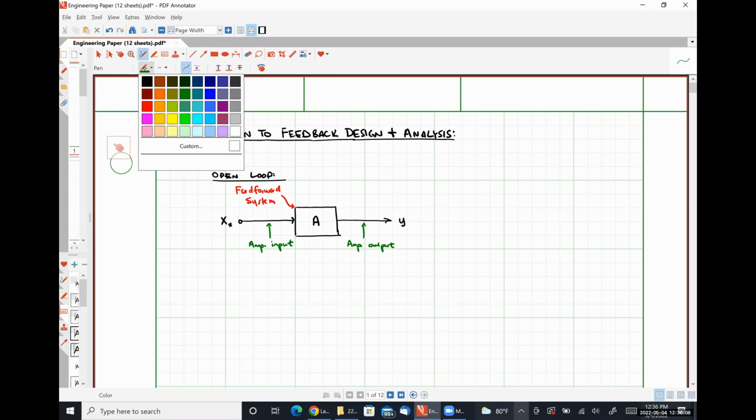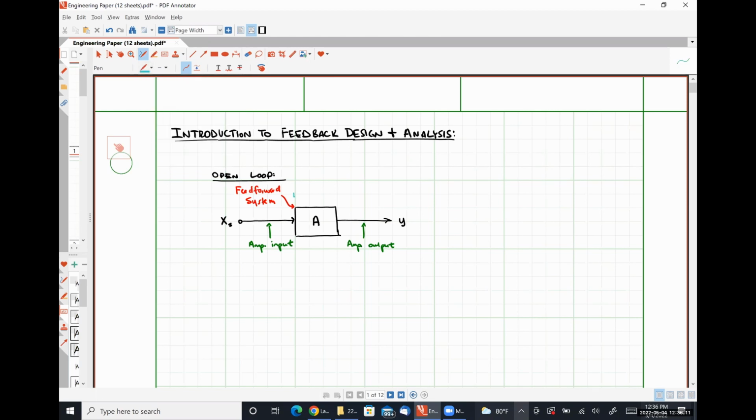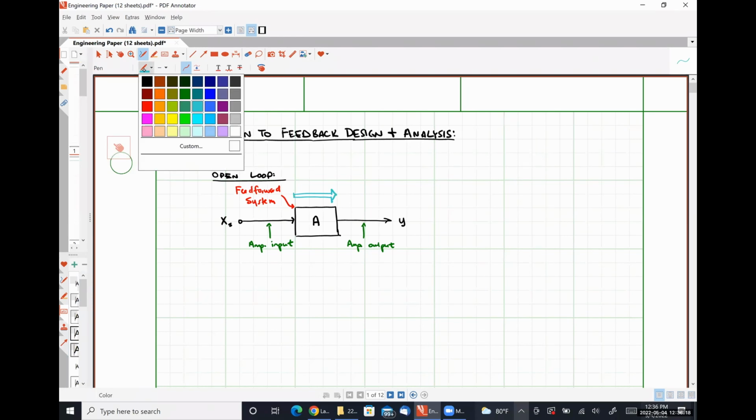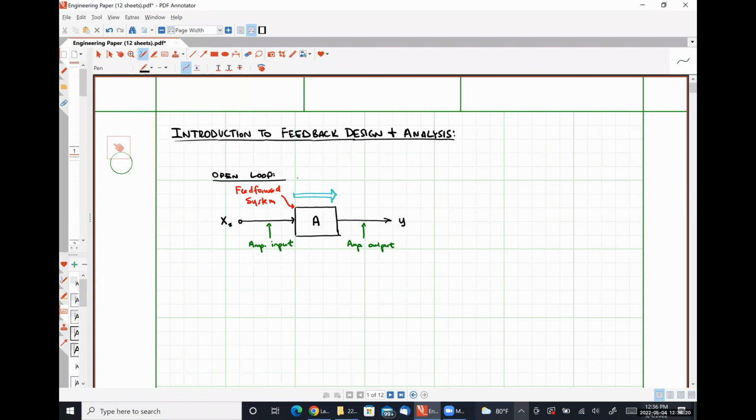And this section of the system is what we will refer to as the forward path, right? Our output here, Y, is simply our input signal, XS, times our open loop gain, A.